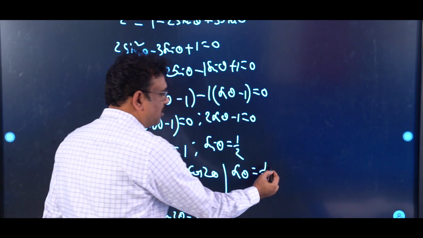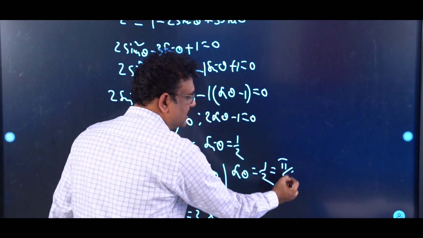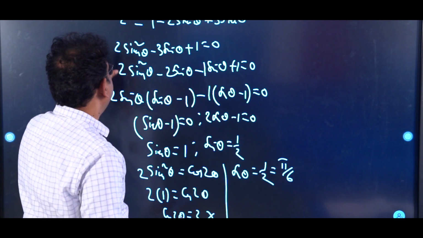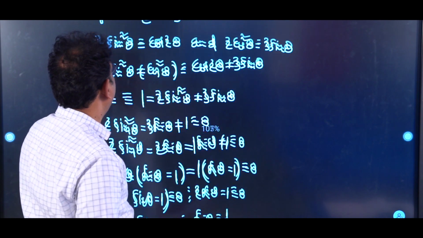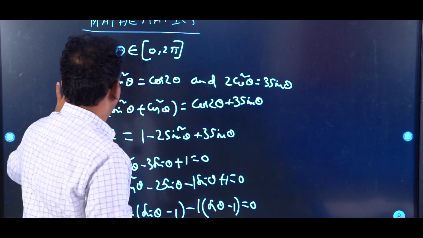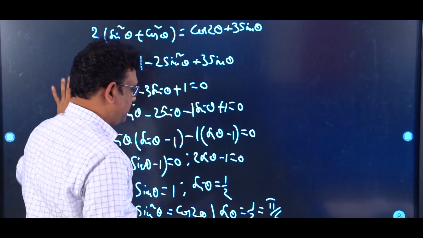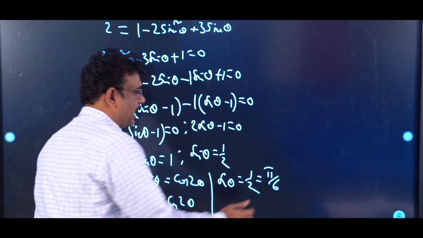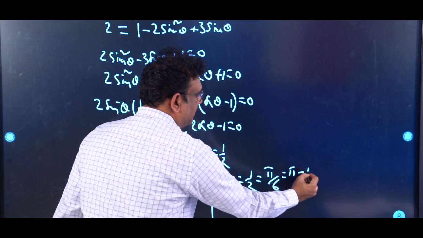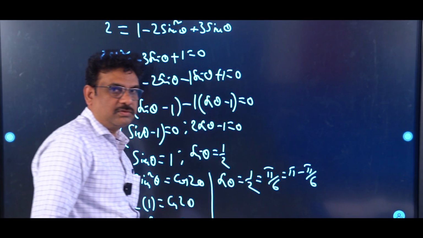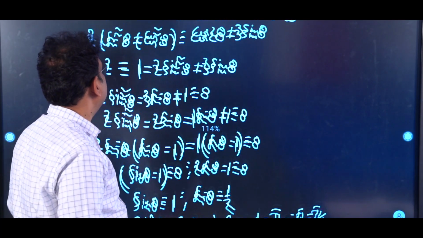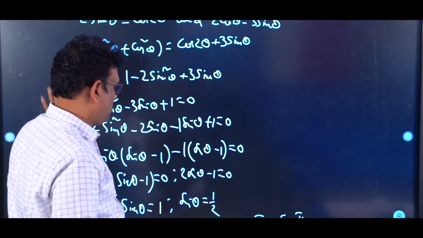So now theta is equal to pi by 6. In this interval 0 to 2 pi, there are two values, pi by 6 and pi minus pi by 6. These two are solutions which satisfy the interval 0 to 2 pi.